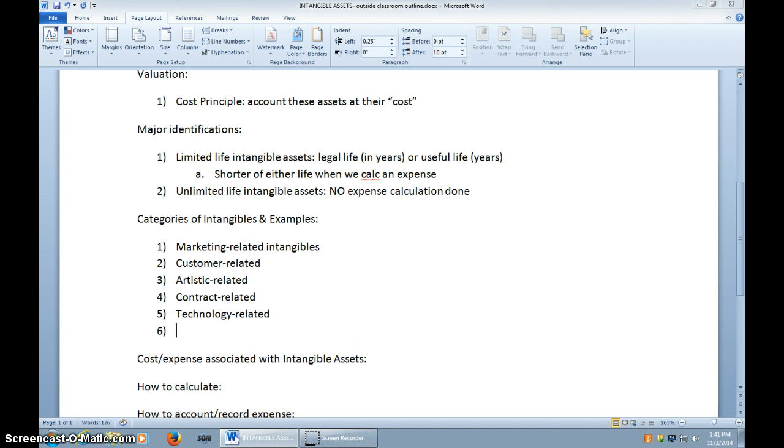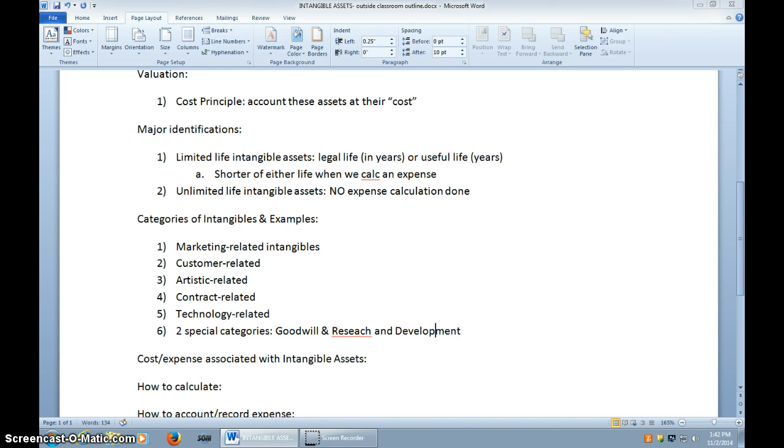And later on, we're going to talk about two special categories of intangible assets. And that is goodwill and research and development.